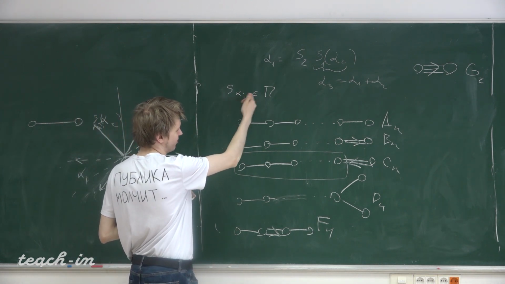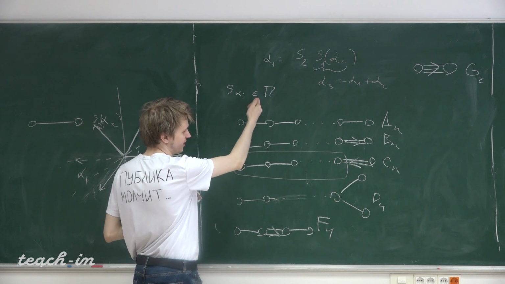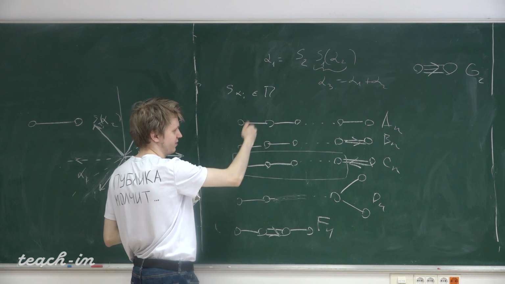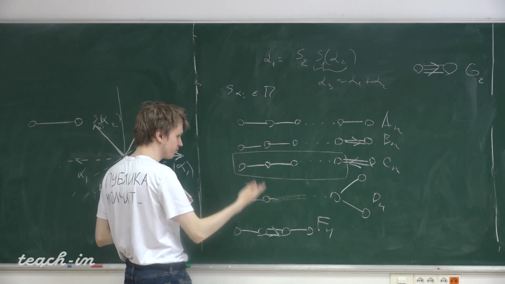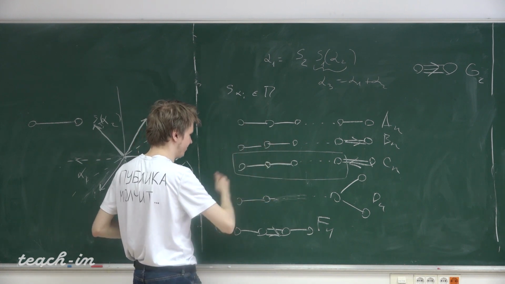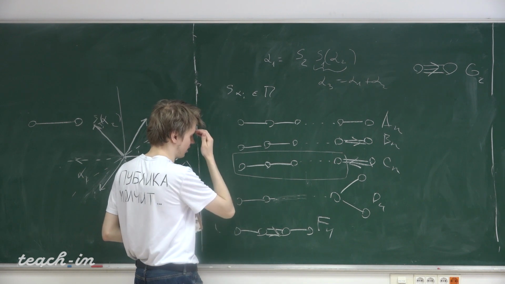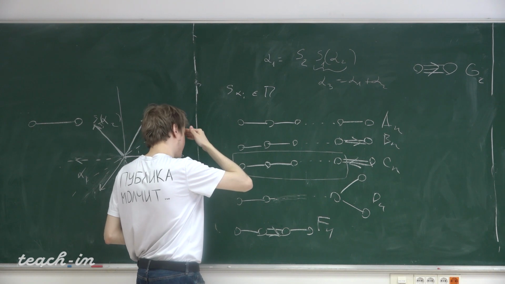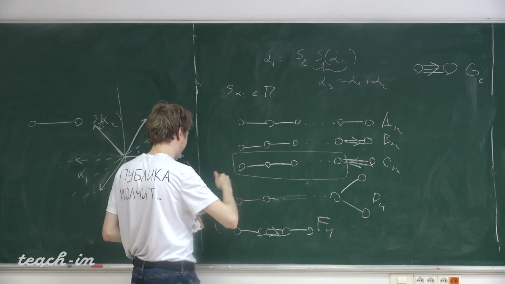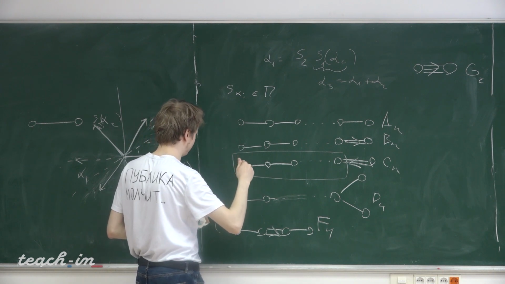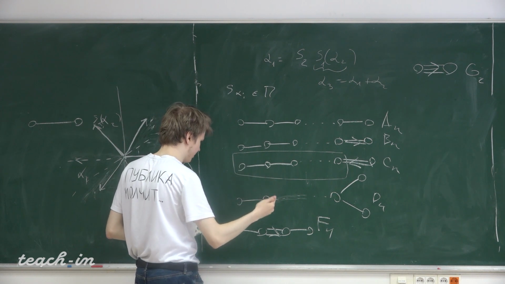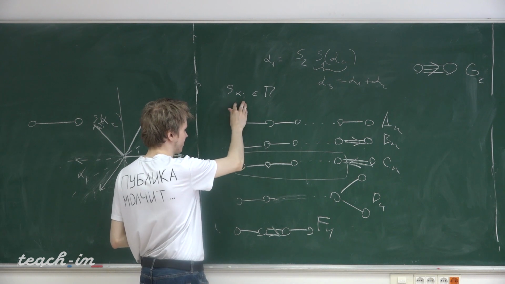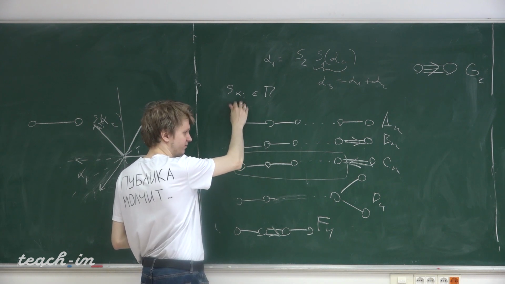So if the whole Weyl group is generated by s_alpha for alpha belonging to the set of simple roots, then each component of one length is generated by the corresponding subset.